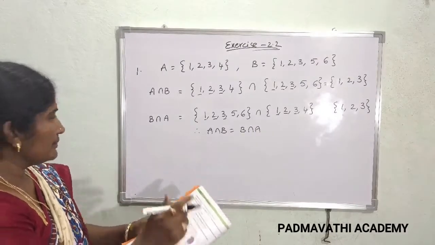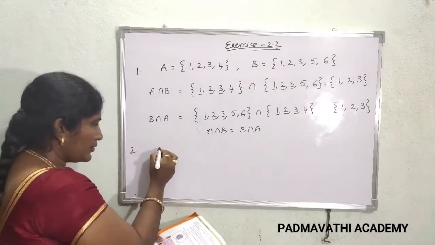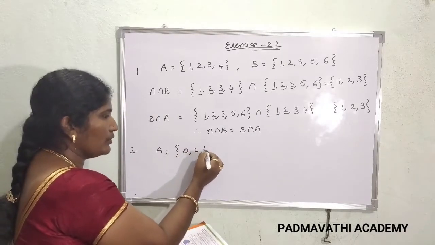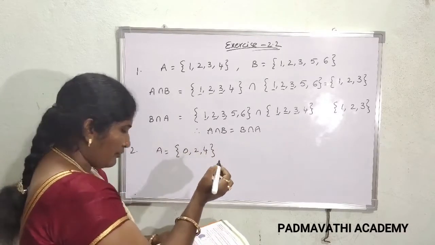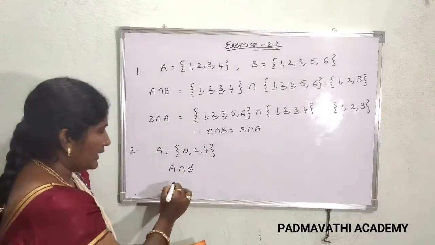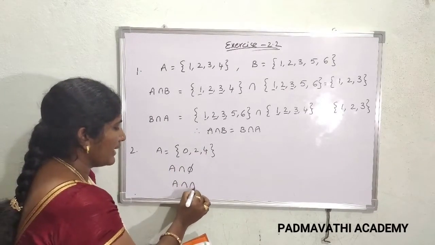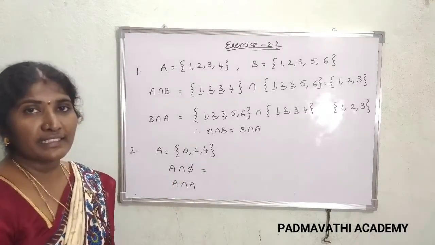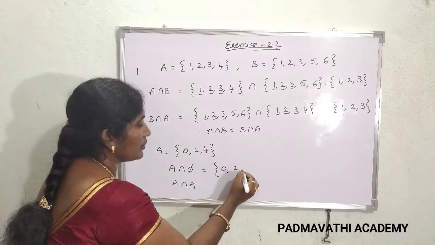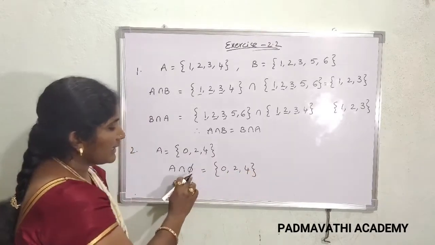Coming to second question. In second question again they gave set A is equal to {0, 2, 4}. Find A intersection phi and A intersection A. Here only one set they gave, that is A: 0, 2, 4. And they asked phi.